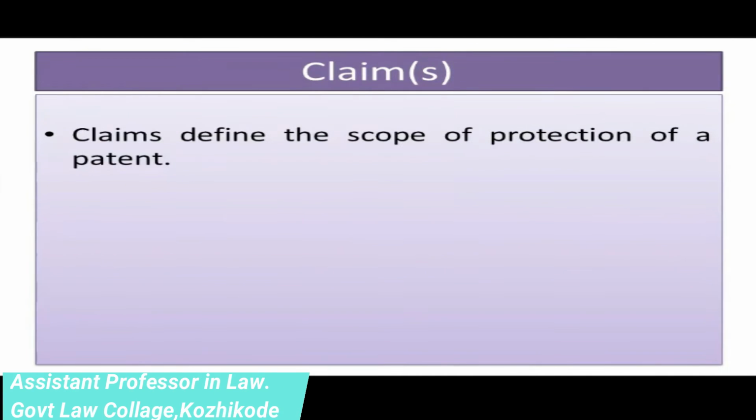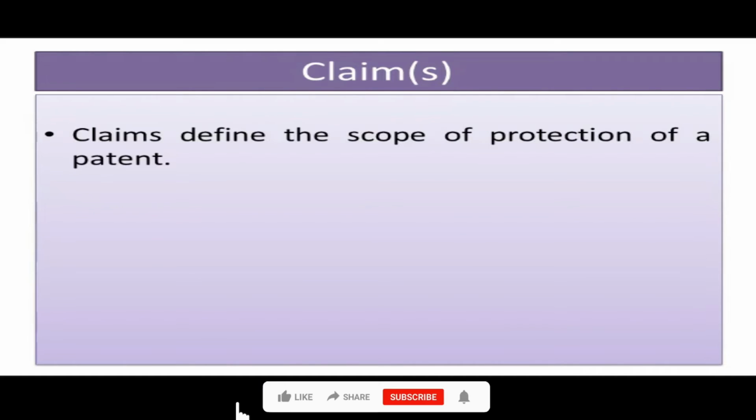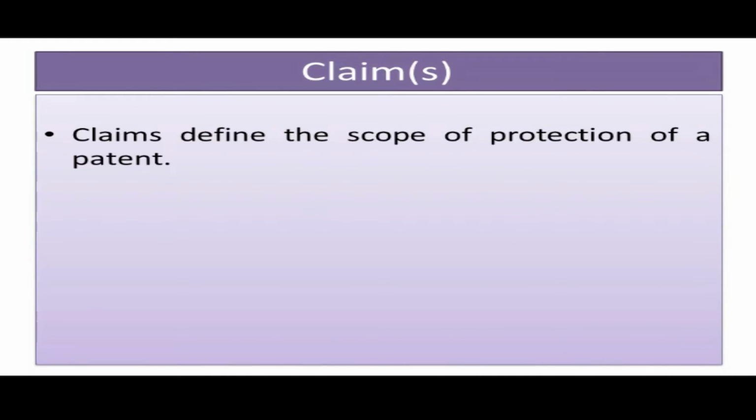For that purpose, the court will look at the claims, and even to understand, consider the application for patent. The most important thing that is being considered by the patent office is the claims. So in every aspect, patent would mean the scope of claims and the interpretation of that.